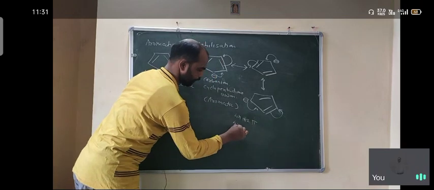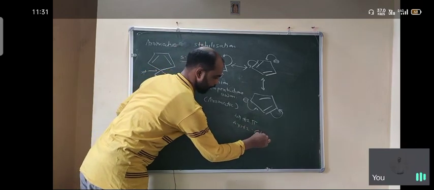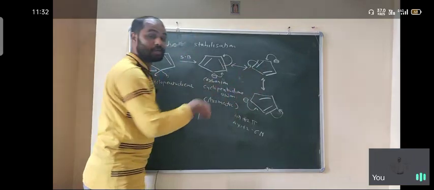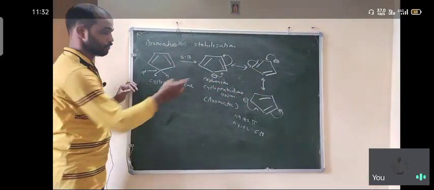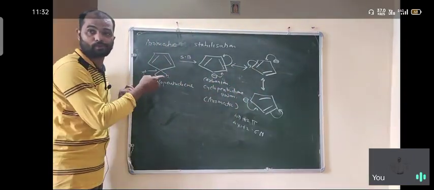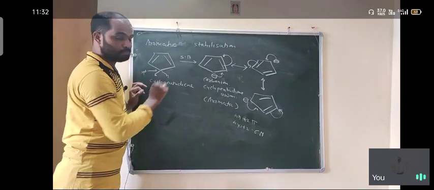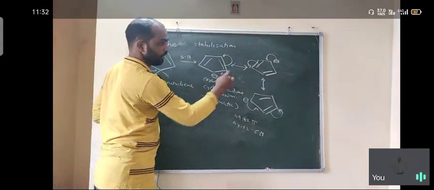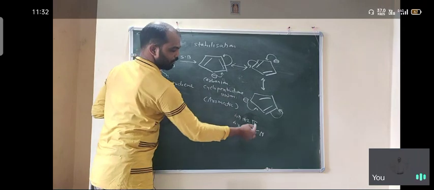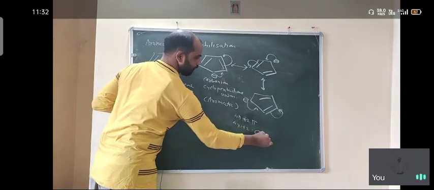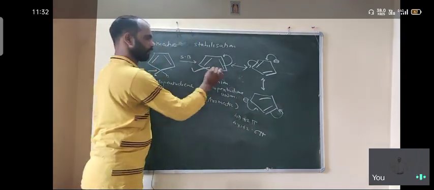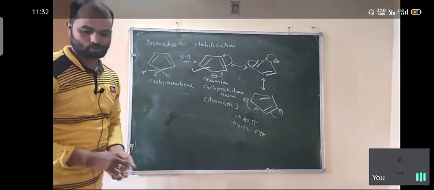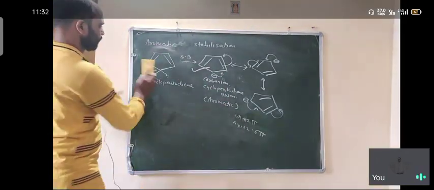Here 4 into 1 plus 2 is 6 pi electrons. Before it was only 4 pi electrons, but now there are 6 pi electrons because all electrons are delocalized. So this species is aromatic. This is aromatic stabilization.